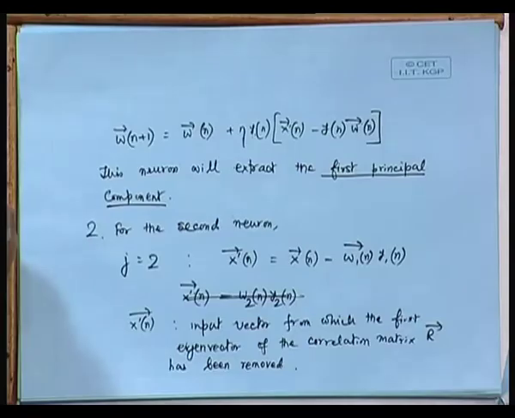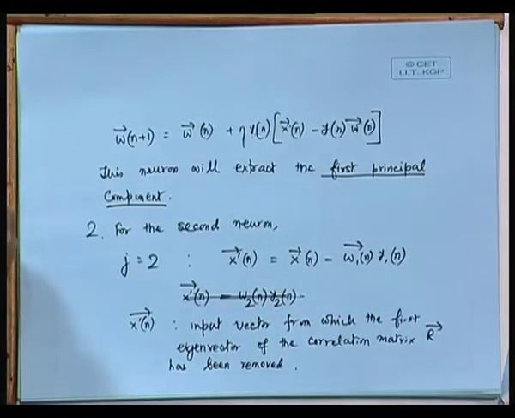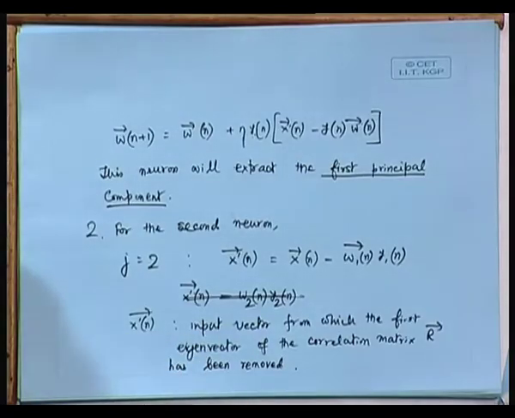Our new x prime n for the second neuron is basically the input vector minus the first principal component already taken out.